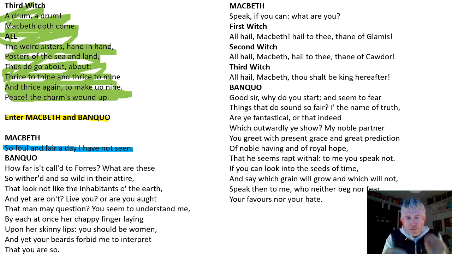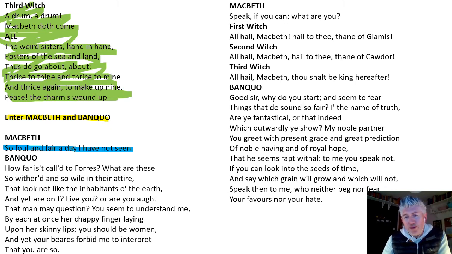So by giving Macbeth the very same language, Shakespeare is suggesting that the witches are already influencing people in this play. Macbeth is already being subconsciously manipulated by the witches because his language is so similar to theirs.